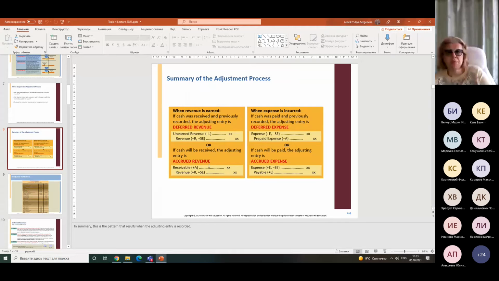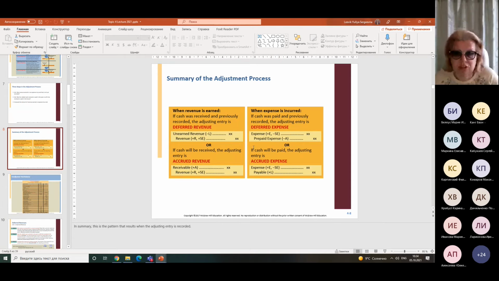You see, this is the typical structure of every adjusting entry. So it's always the same composition of accounts of revenues and expenses. Please remember, revenues always on credit, expenses always on debit. And for each situation, deferred or accrued, you see the format of the adjusting entry.